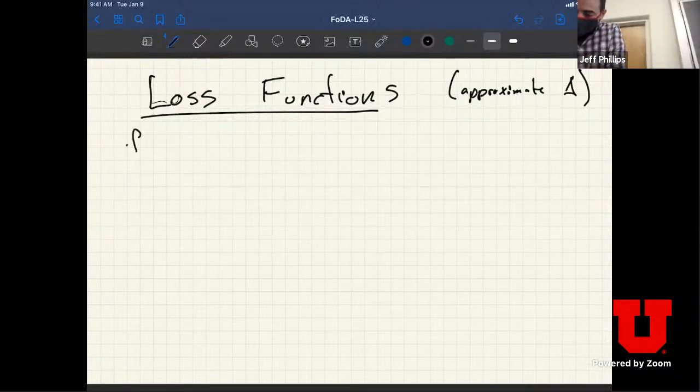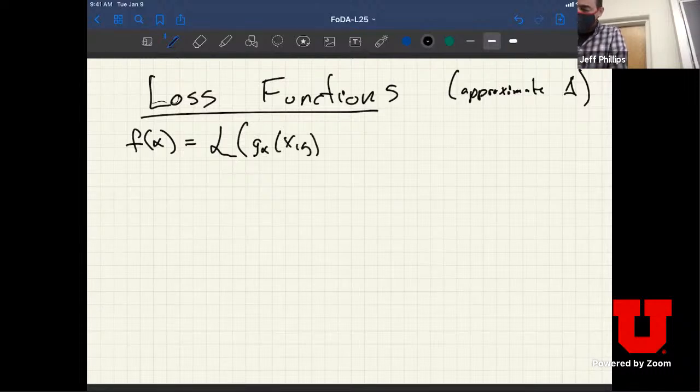We're going to think of a function f of alpha, which is the function we are going to eventually plug into gradient descent. This is going to be some loss function, which I'll define, of g of alpha of x, y. So it's going to approximate this big delta. And remember, this is still going to be decomposable.